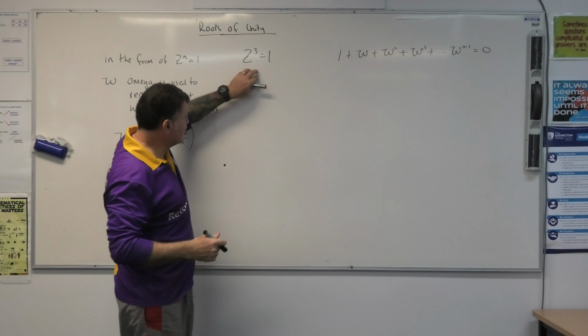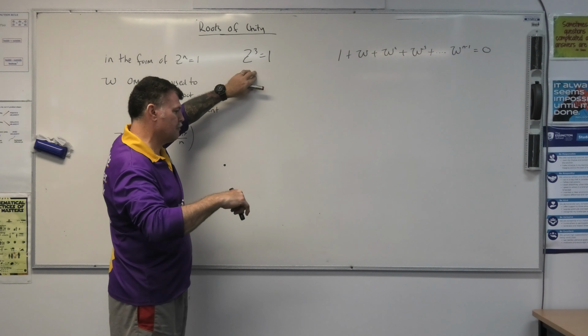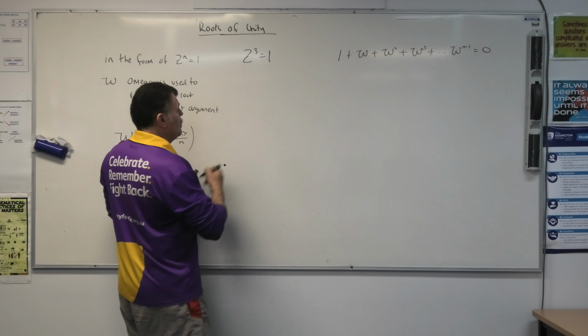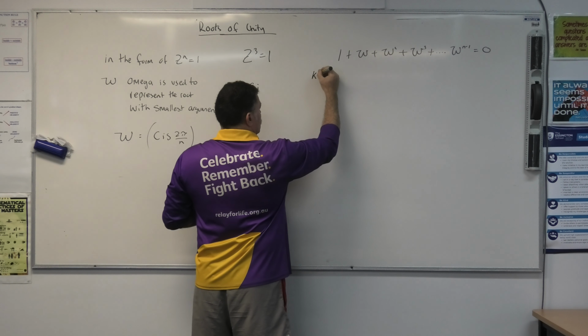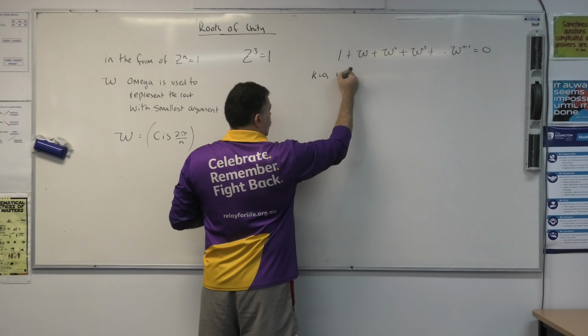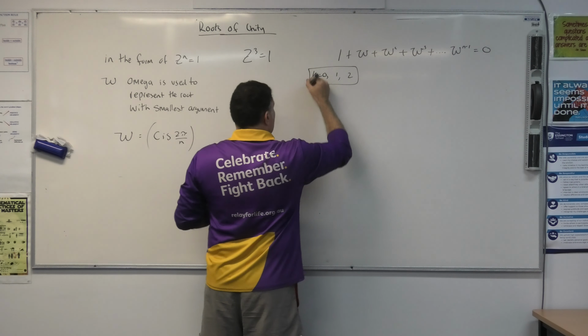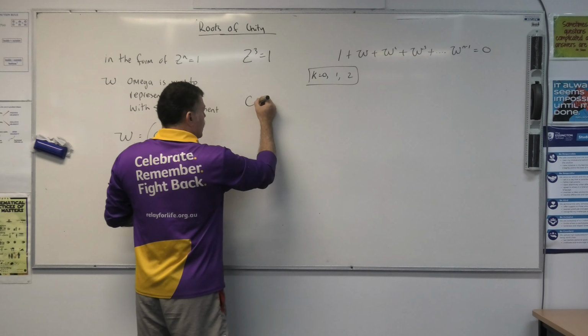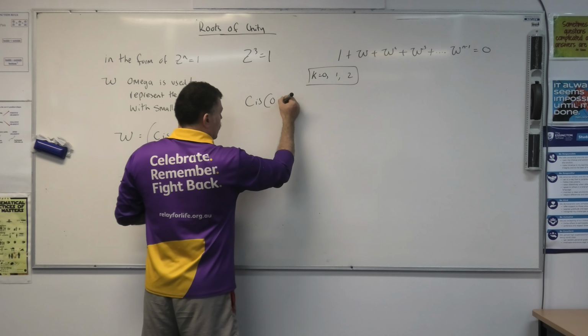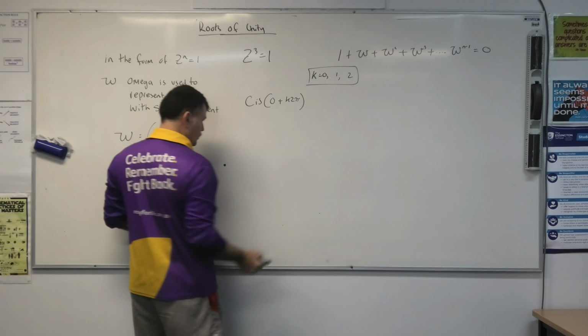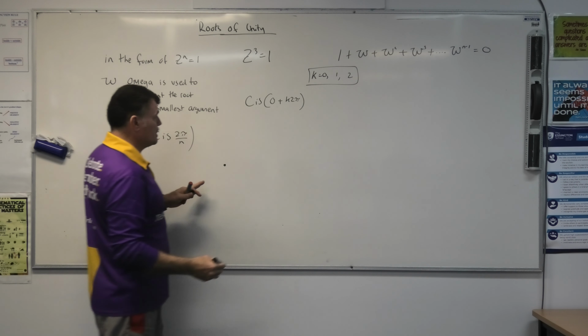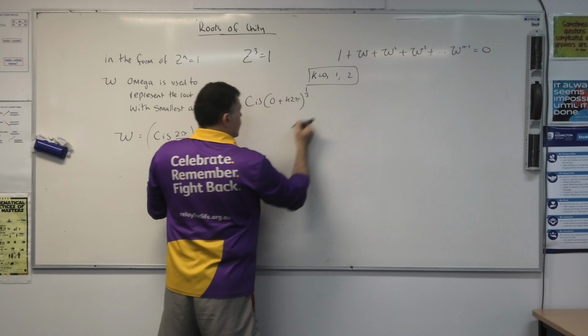So if we looked at this example and take our information that we got from our last video, we know that we're going to be using k values of 0, 1, and 2. And when we plug them into the variables of 0 plus k 2 pi, we ended up getting something that kind of looked like this.